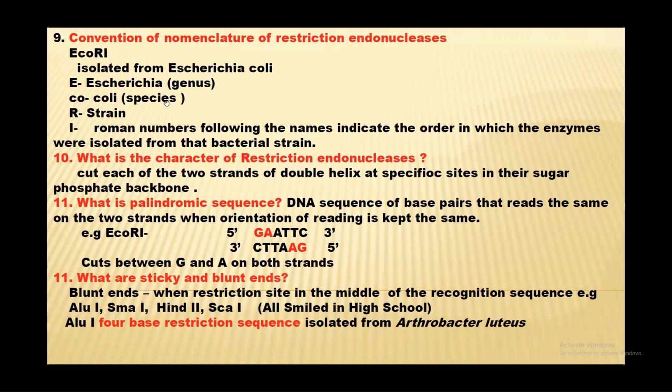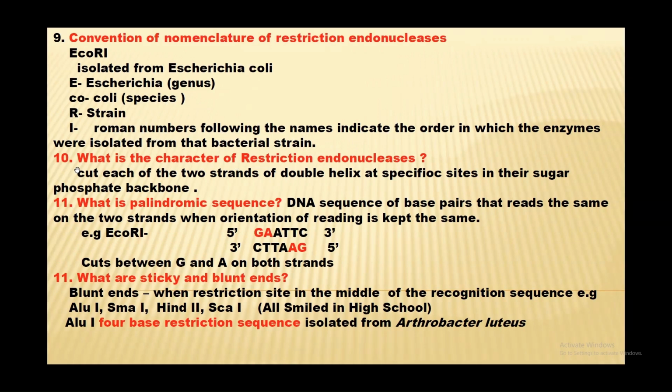Co is coli, the species name. R means the strain. I is the Roman numeral following the names. This first one means the first enzyme isolated from E. coli, 2 means the second enzyme isolated from E. coli bacteria, like that. So Roman numerals following the names indicate the order in which the enzymes were isolated from that bacterial strain.